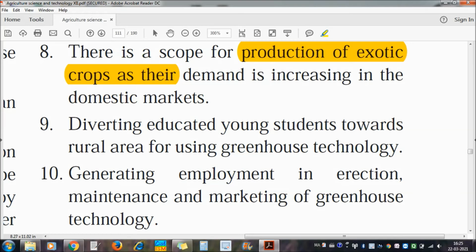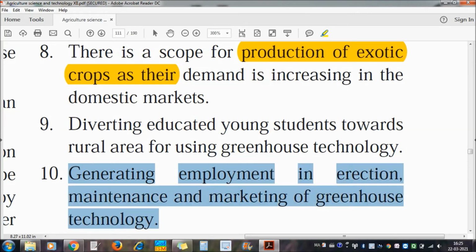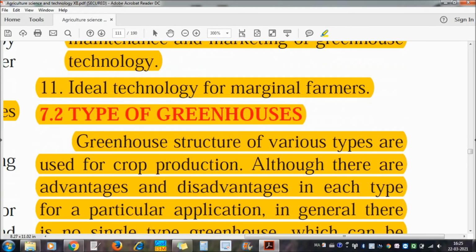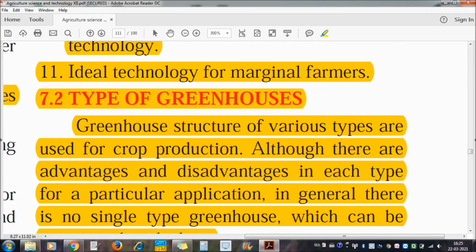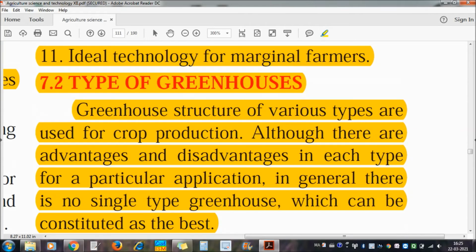We can generate employment in erection and maintenance of the greenhouse. Means when we make and use a greenhouse, then maintenance is required. Then unemployed, educated youths can be trained for this purpose. So employment generation is also possible. So this is a very ideal technology for marginal farmers.